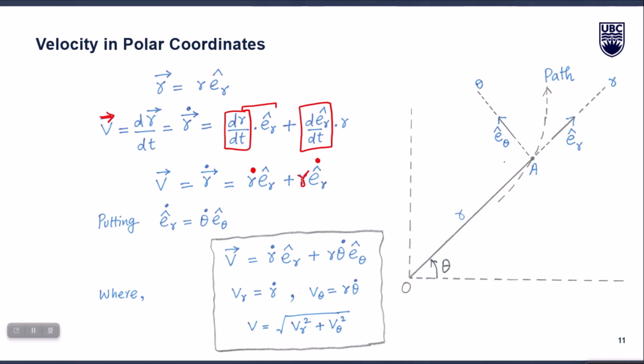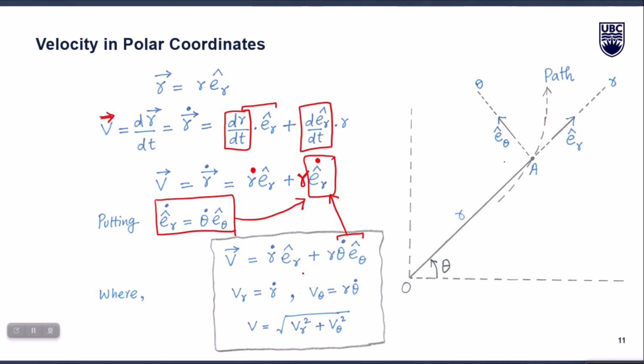Now you can see that we need that equation which we derived for the first derivative of E sub r, from the last slide. It was equal to theta dot times E sub theta, right? So we can put this equation here to complete our formulation for velocity, and the first term will remain the same, r dot times E sub r. However, the second term will become r times theta dot times E sub theta, right? So this product is equal to this first derivative of E sub r.